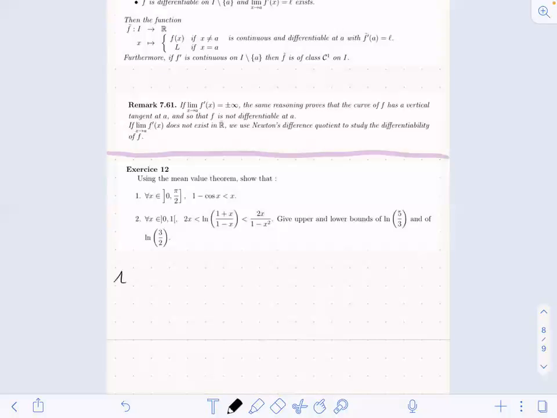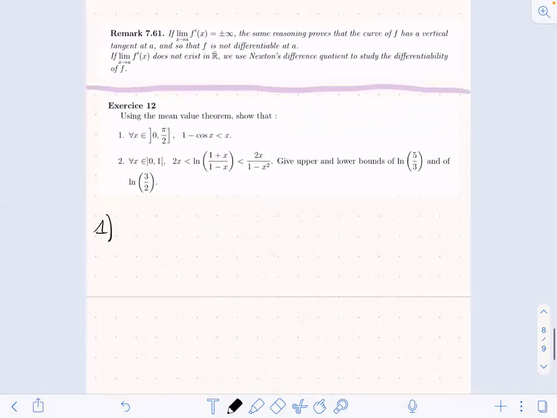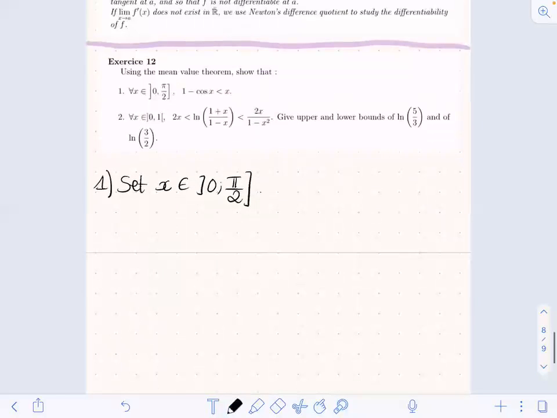So we're going to get started with the first question. What we want to do here is use the mean value theorem for an inequality with cosine, with the specificity that we're going to set x on this sort of strange interval here. So we're going to set some point x between 0, with 0 excluded, and pi over 2. We can apply the mean value theorem.